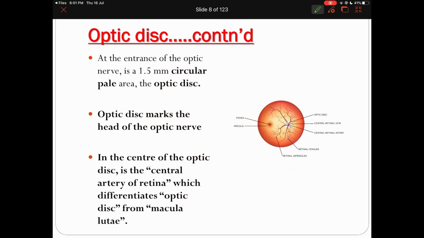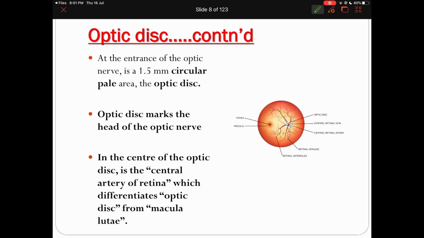Now, on the back pole or posterior pole, a little medial to the center of the posterior pole, there is a weak part of the sclera where there is an exit of the optic nerve fibers.